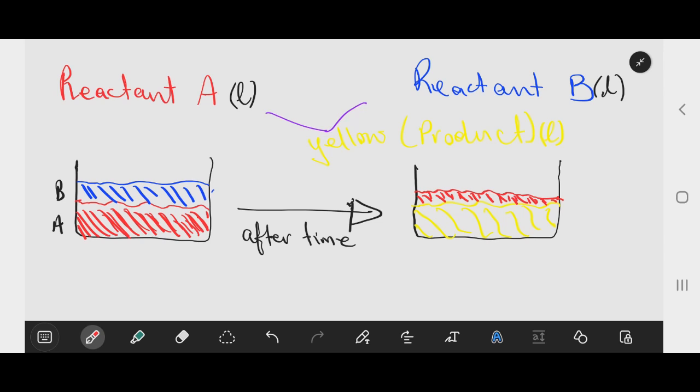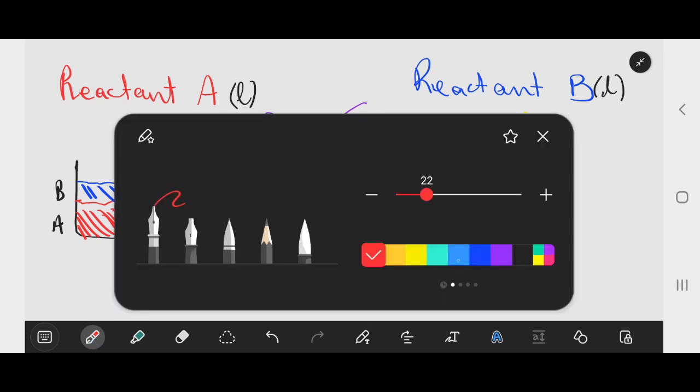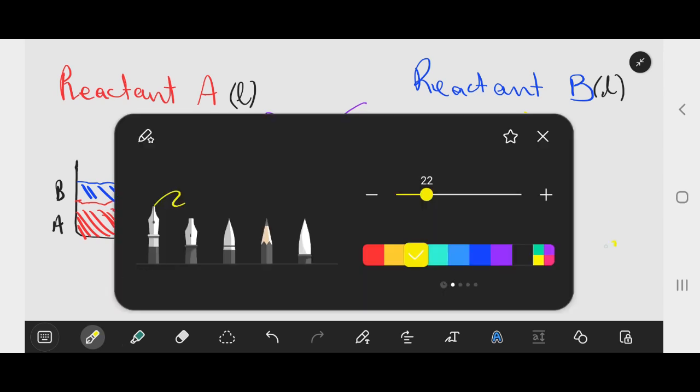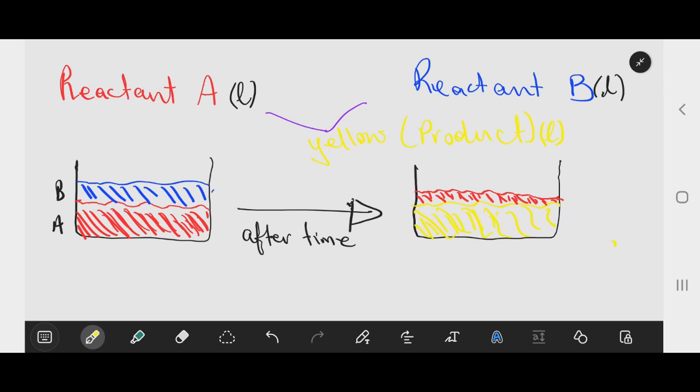But the question is, where is the blue liquid? So we can say that the blue liquid has reacted with some of A liquid to form this yellow product, right?